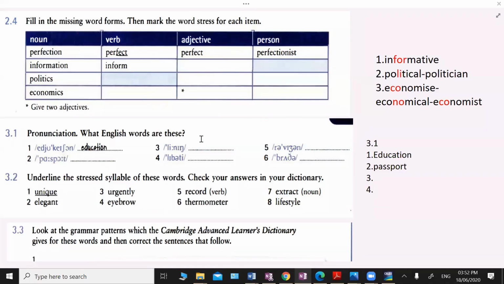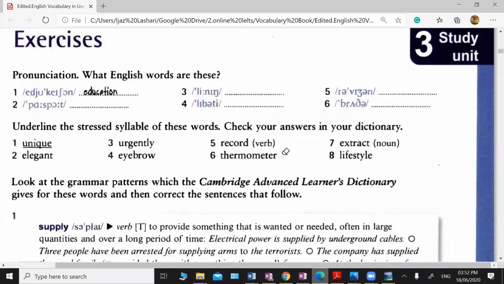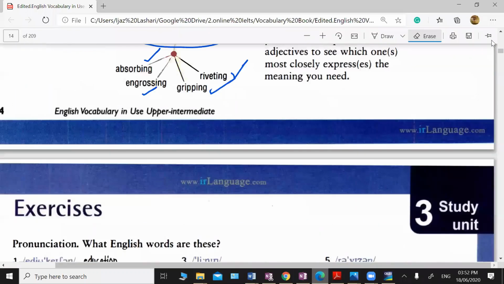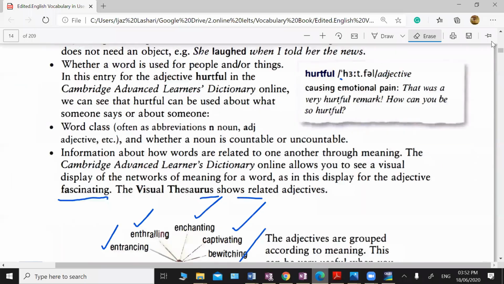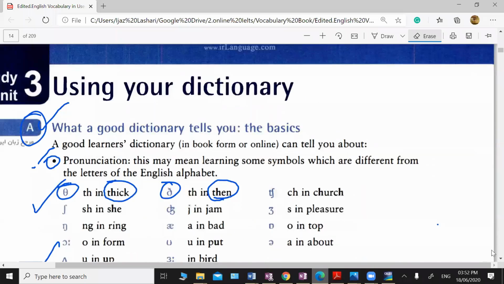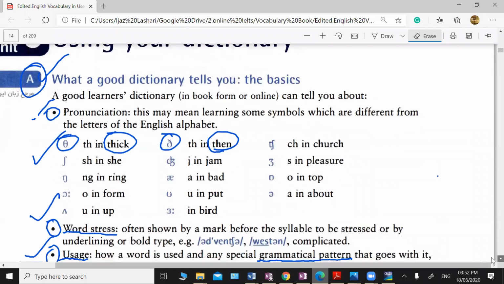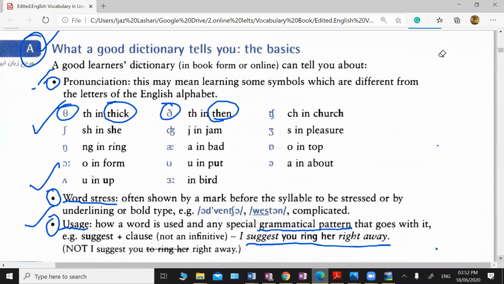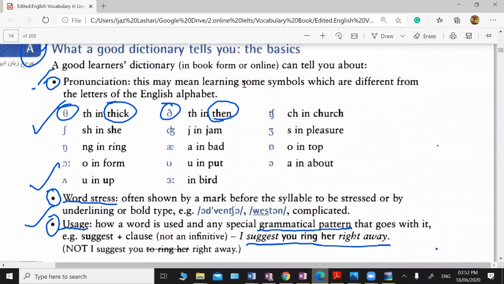If you want me, I can show you the pronunciation symbols one more time. No, it's not liking. I will show you the symbols one more time. Look at the symbols, please, and try to find out what can be the word.